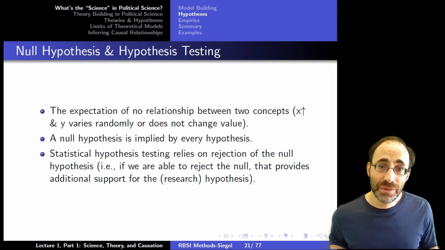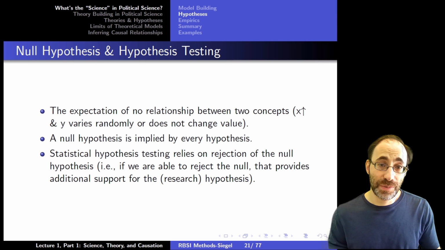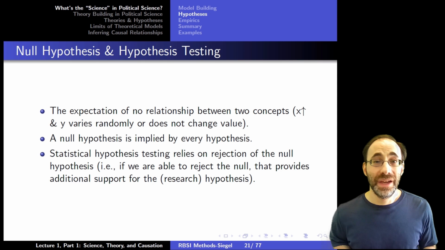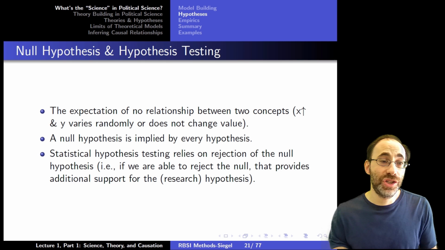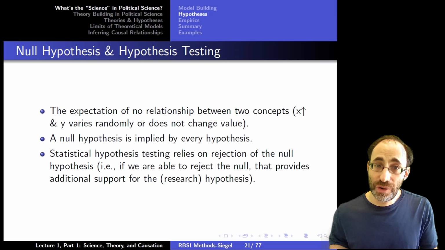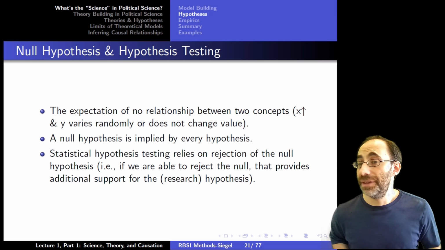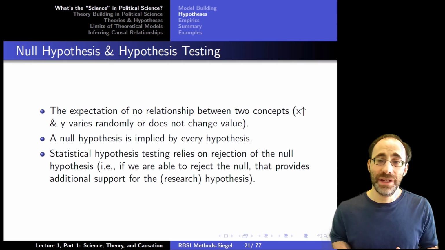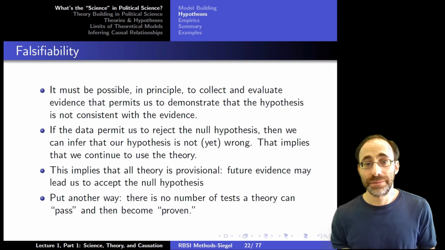If we can't reject it, we're going to say we failed to reject the null, and we're not going to gain additional support for our theory. In contrast, if we do reject the null, we're going to say that we reject the null hypothesis of no relationship, and that provides support for our particular hypothesis of a relationship. It doesn't prove it, as we'll discuss in a second, but it provides support for that research hypothesis that there is a relationship between X and Y.